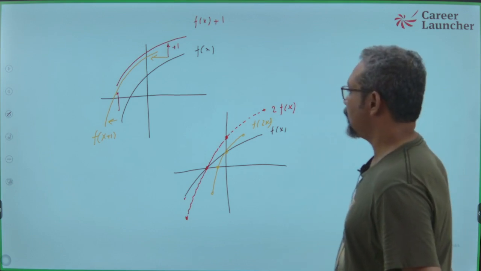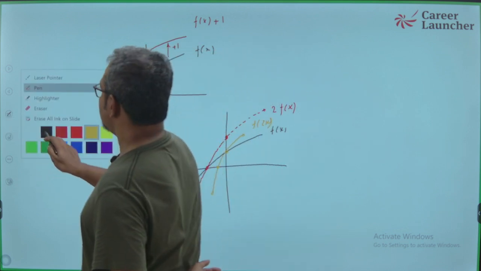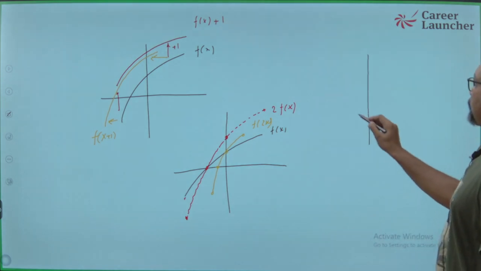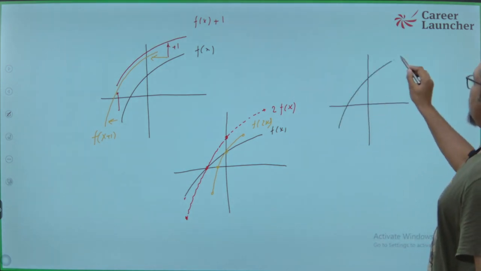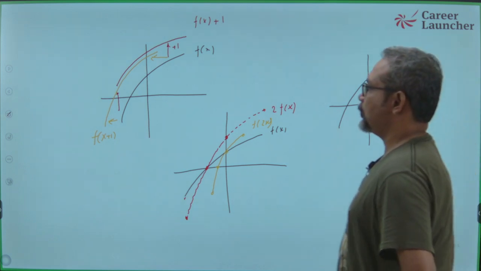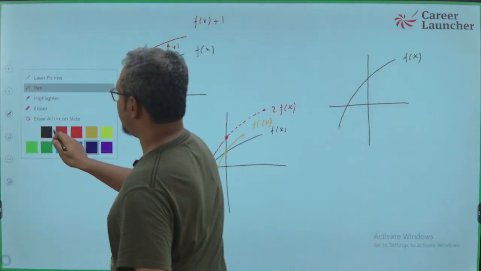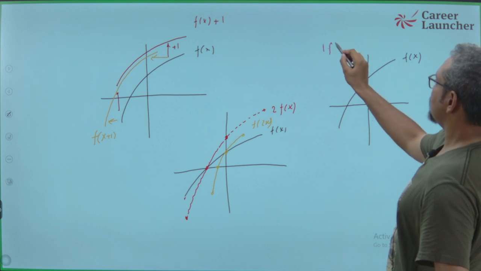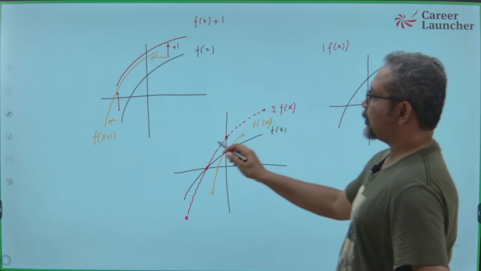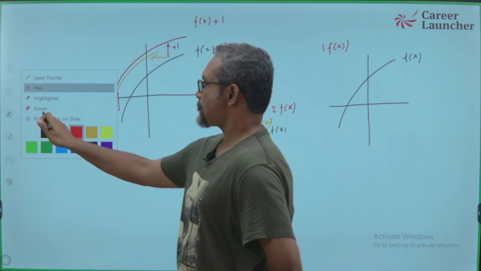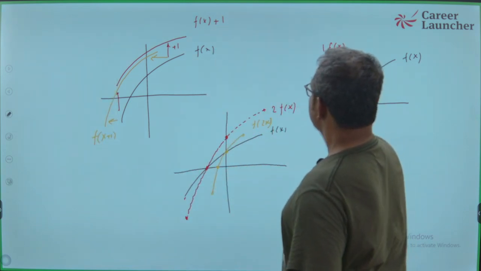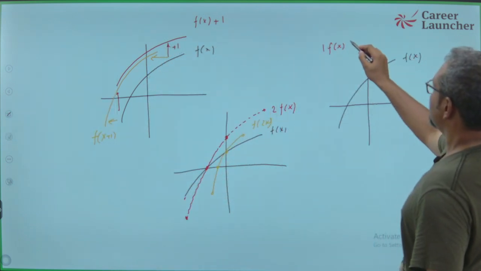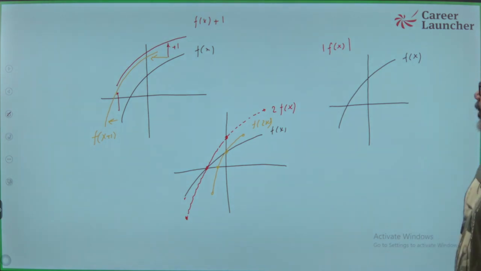The last modification of graphs. If I have a function like this and I want to draw the function of mod of f(x), mod of f(x) means we are taking the mod of our y values.